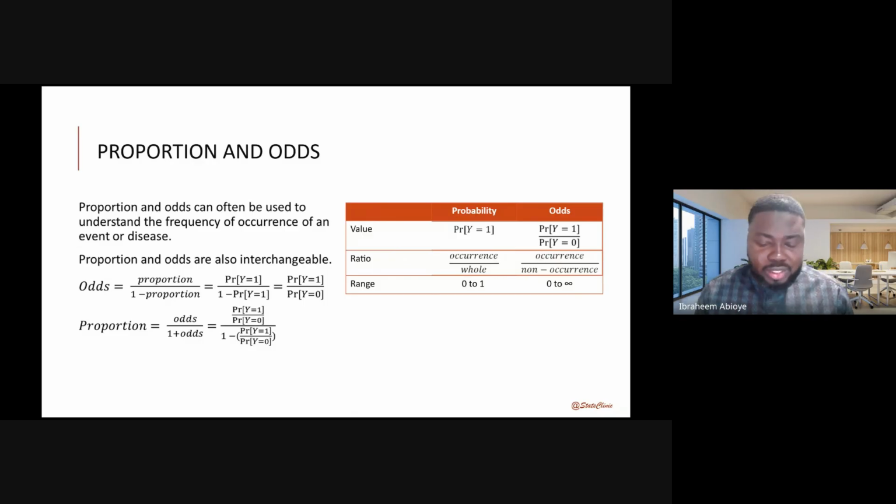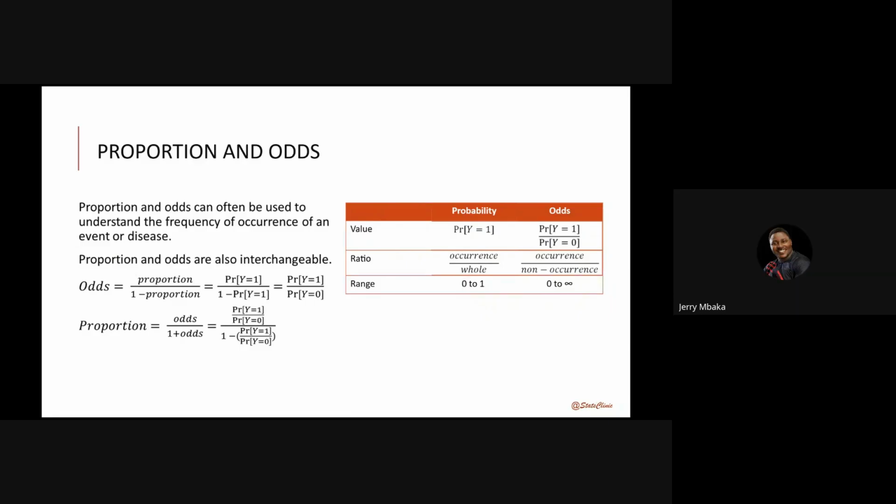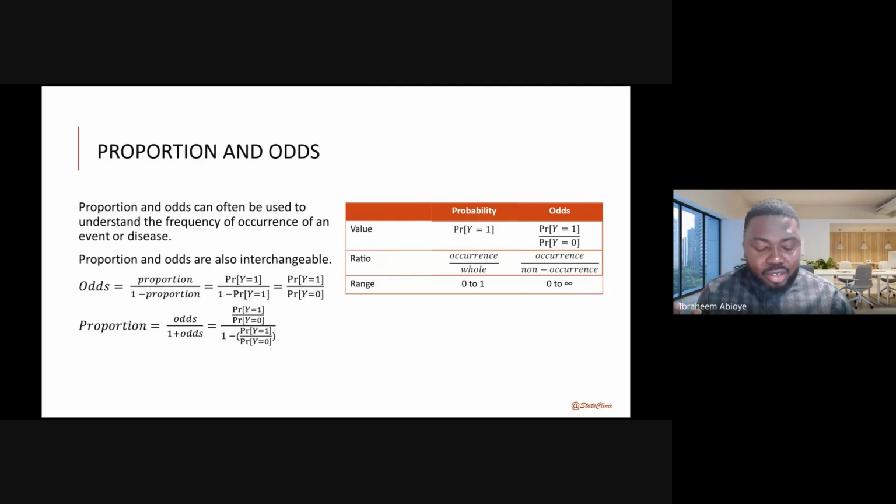So proportions are everywhere in nature, right? Many of us already intuitively know what the proportion is before I even talked about it here today, even if you don't know that what you actually know is the proportion.